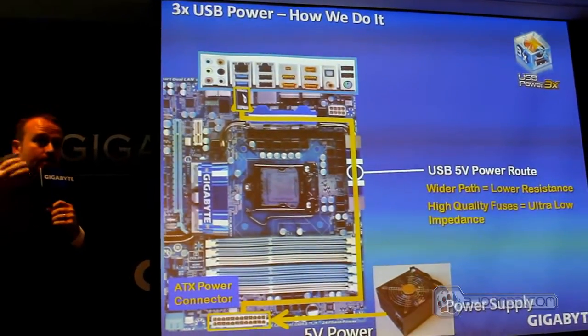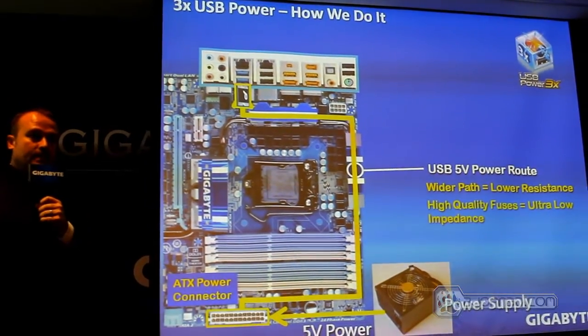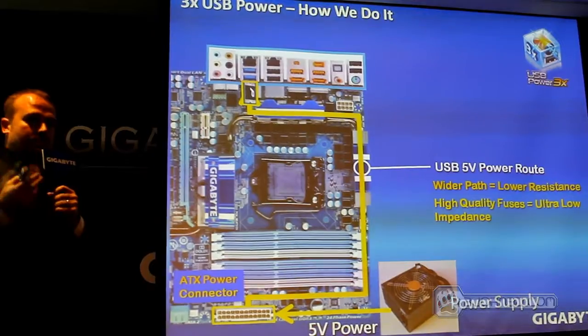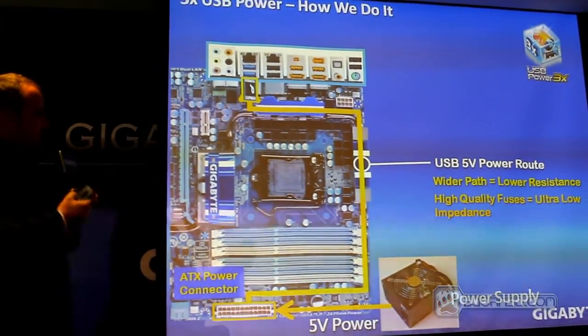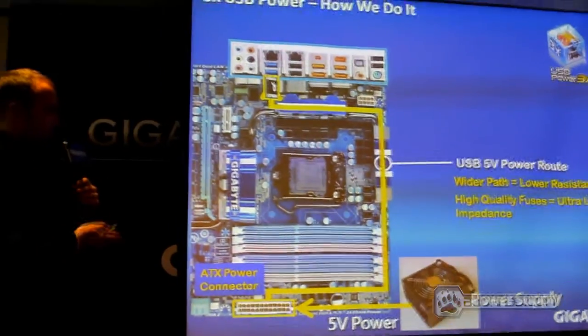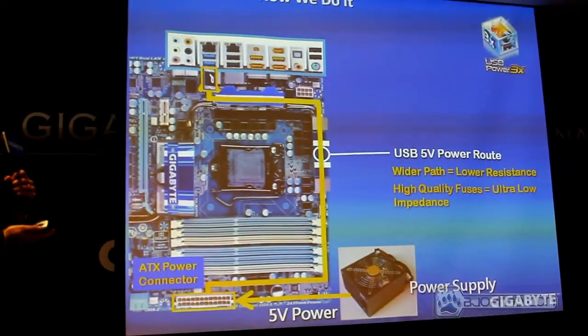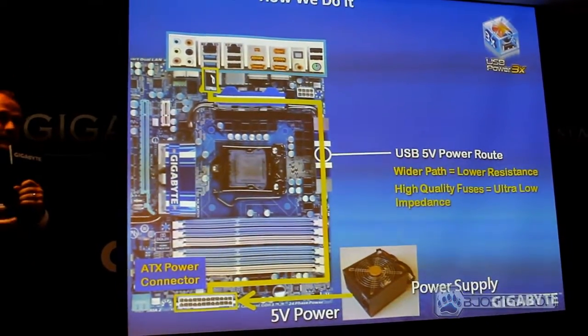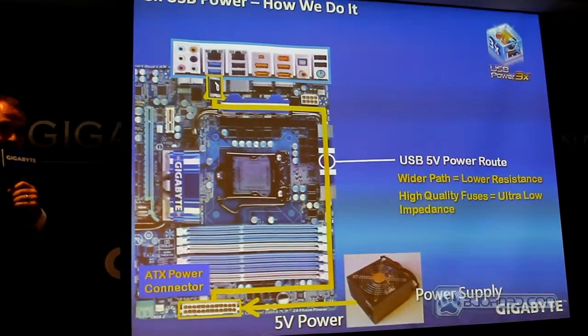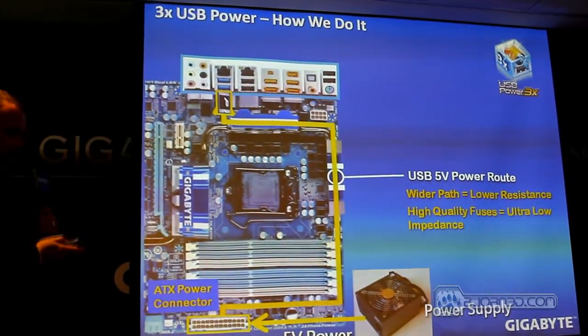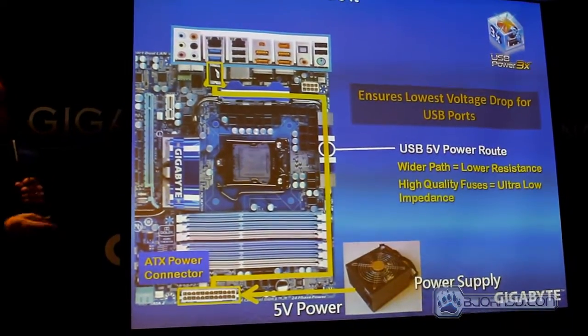I mention this because normally it's 2 ports for 1 fuse, so if that fuse goes, then 2 ports won't be able to work. But with Gigabyte, every single port has its own fuse. This basically reduces the impedance, so each port is actually putting out 5 volts. There's no loss over there.